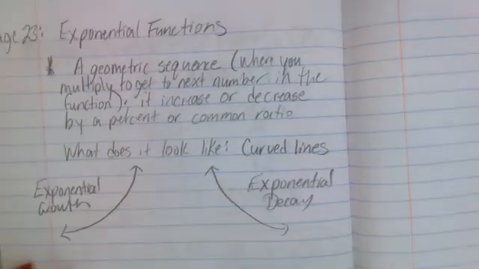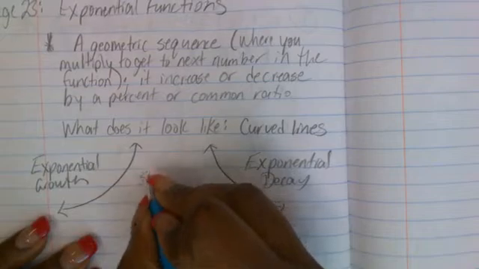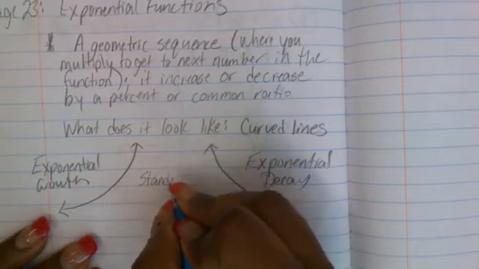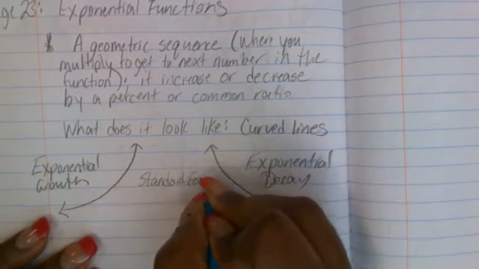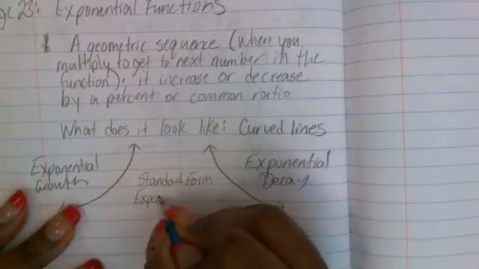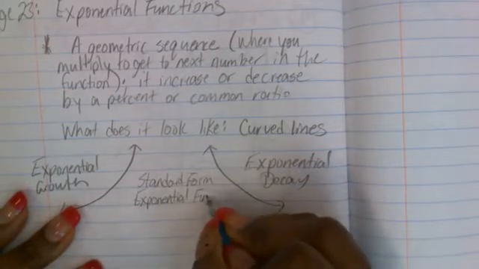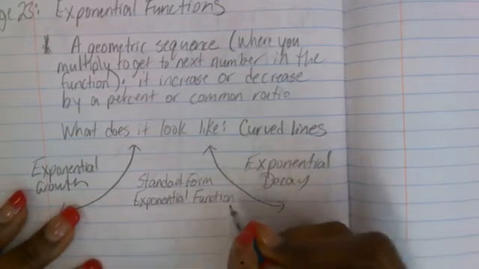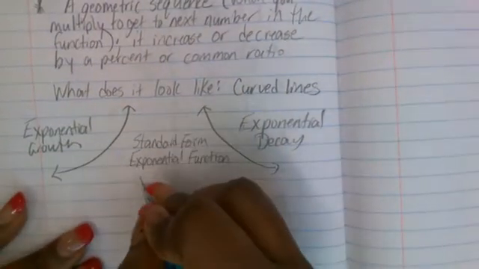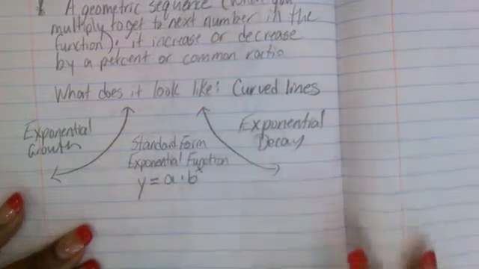All right, so the standard form for exponential functions. Most exponential functions look like y is equal to a times b to the x power.